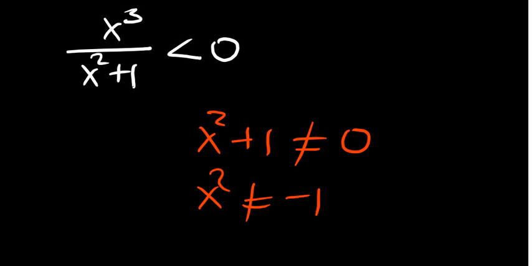So x squared should not be equal to negative 1. Is it possible that x squared can be equal to negative 1? No, it's not. Unless maybe if it was a negative there, it would have made sense. But it's not possible. Meaning that the values of x squared on the denominator are always going to be positive. So it's not possible for you to have a 0, no matter what number you get. It will not be possible, right?